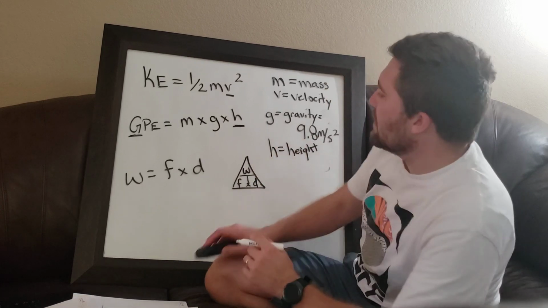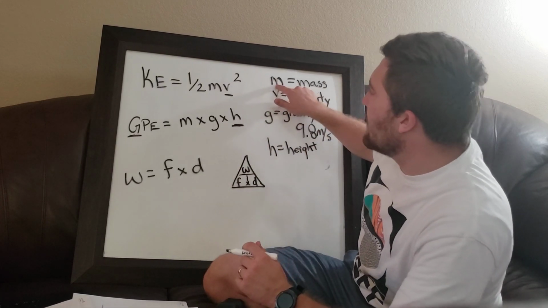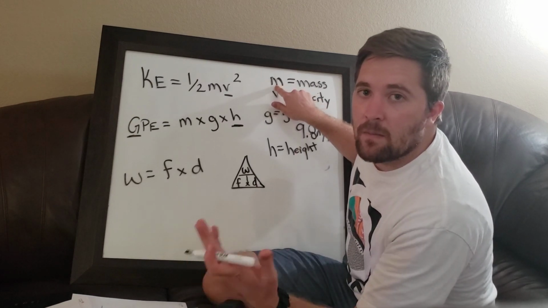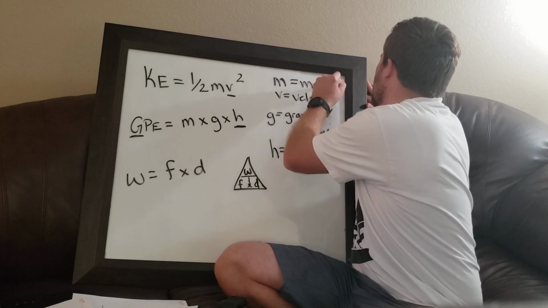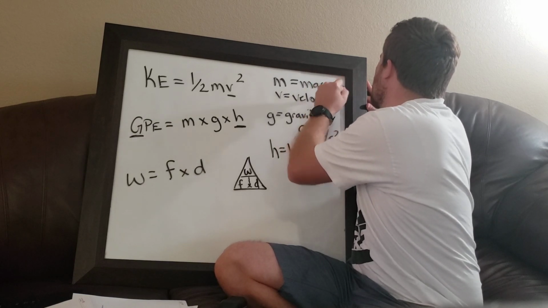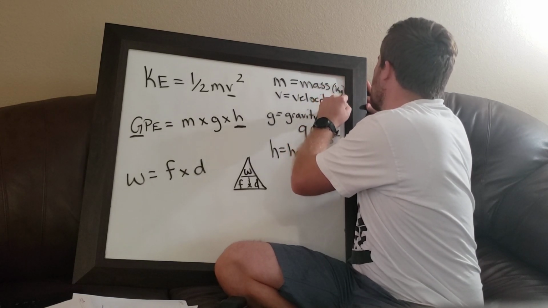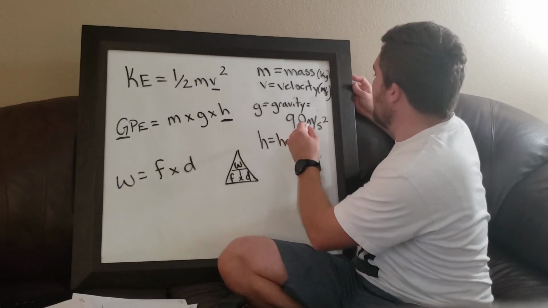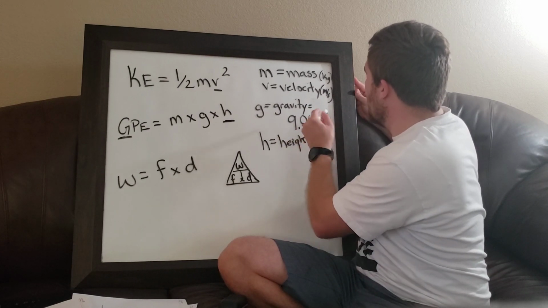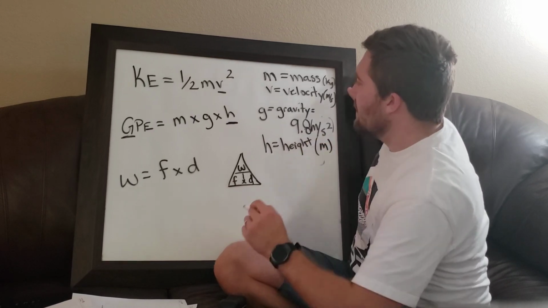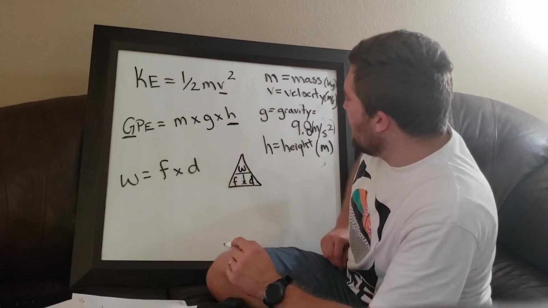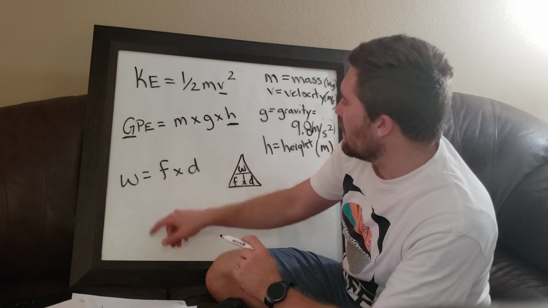So going back through them again. Mass is in kilograms. That's our unit for mass. Velocity is in meters per second. Gravity is in meters per second squared, or newtons per kilogram. Height is in meters. Okay. And then going down here for work.